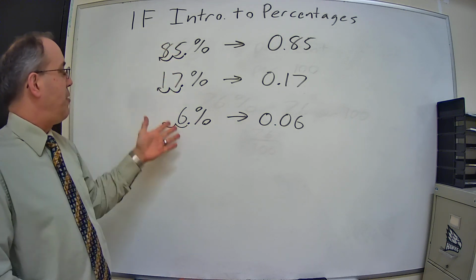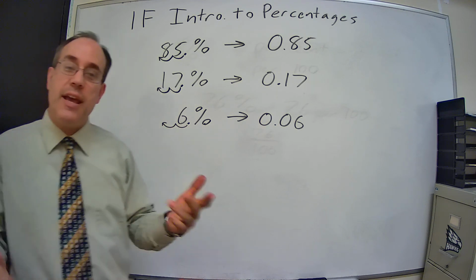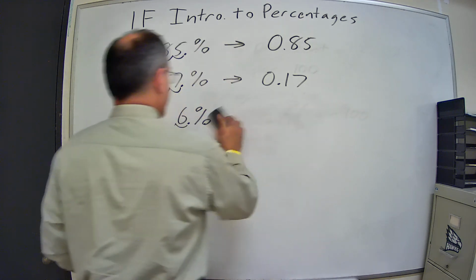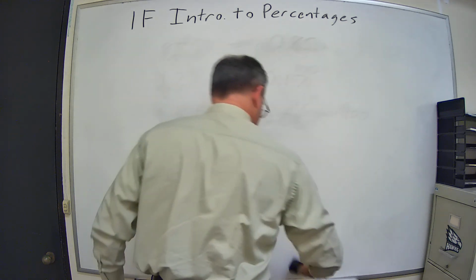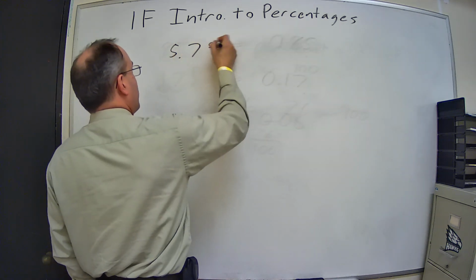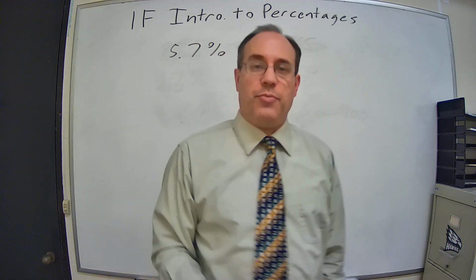We can just take a percent, move the decimal point 2 places to the left, and we have a decimal. Let's try another one. Make it a little more complicated. What if I have 5.7%, and I want to turn that into a decimal?